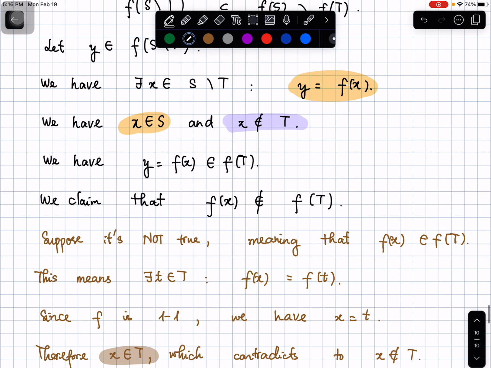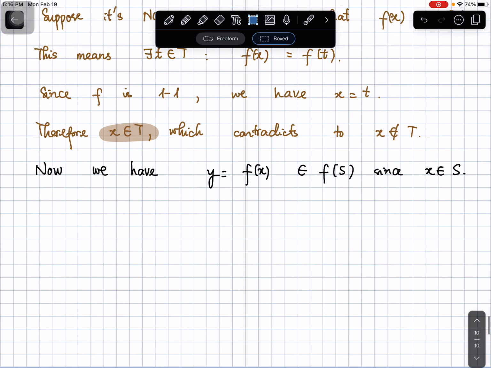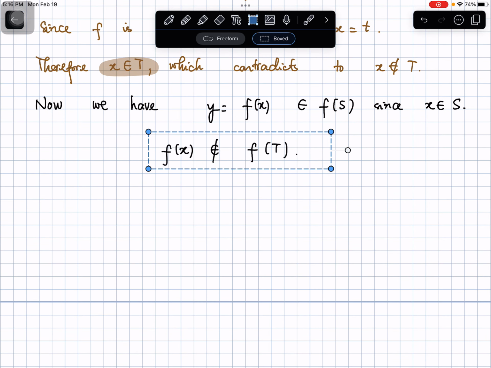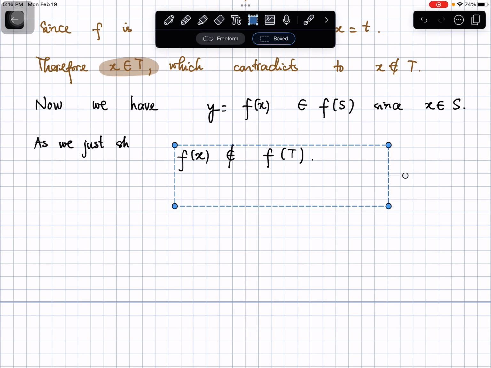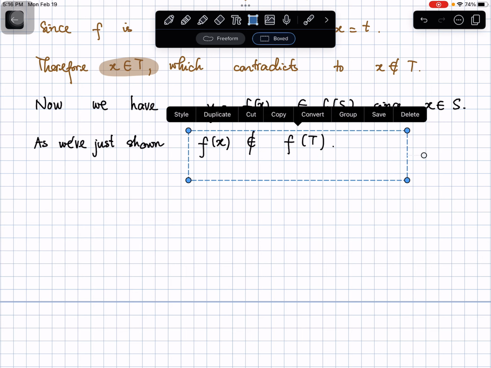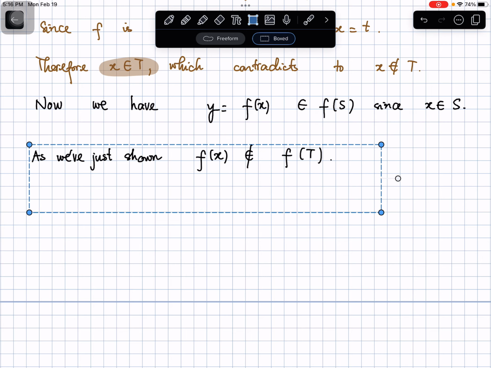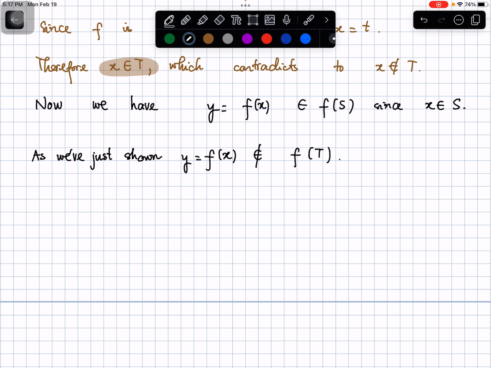We also know that f(x) is not in f(T), as we just saw. So y equals f(x) is not in f(T).